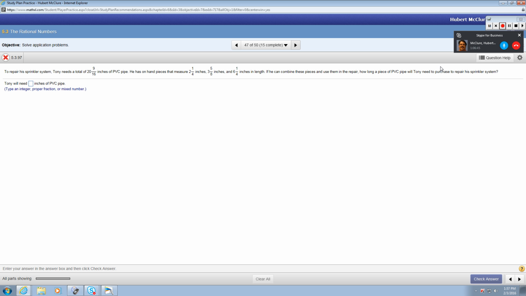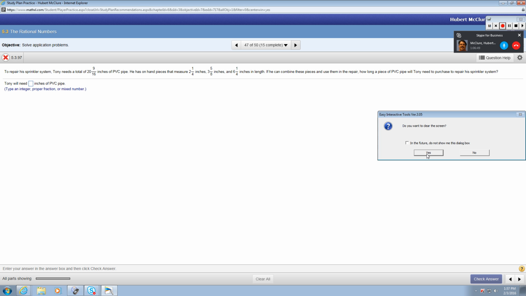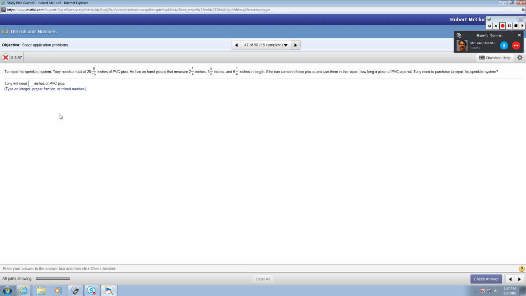All right, try that one. It says, to repair his sprinkler system, Tony needs a certain number of inches of pipe. He has on hand these 3 pieces. How much more does he need? Well, these 3 right here, you're going to add them together and subtract it from this, and that's the piece you're going to need.